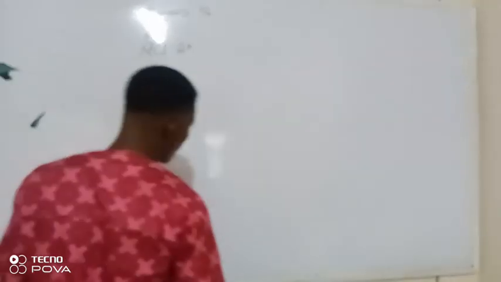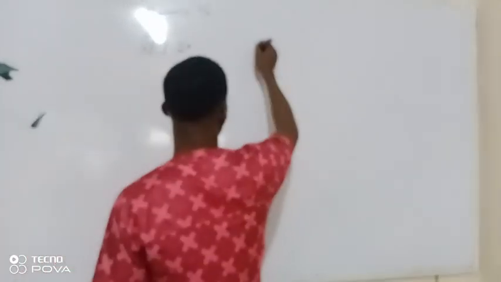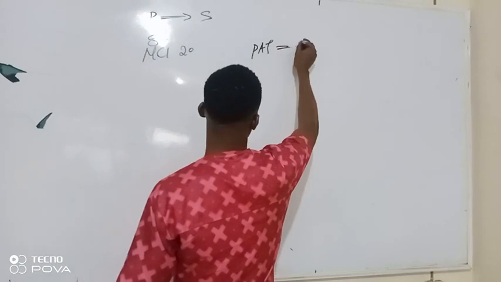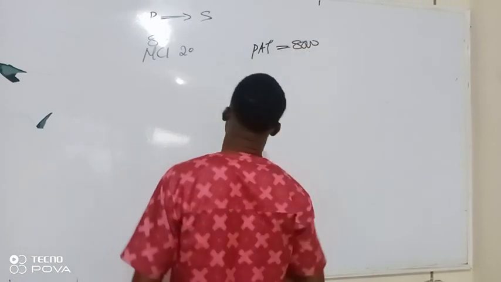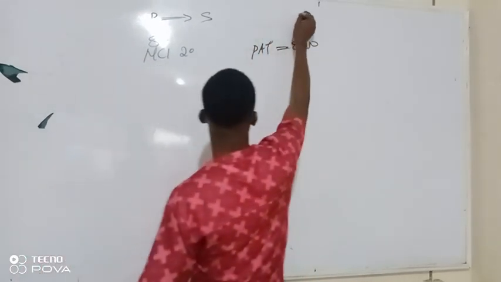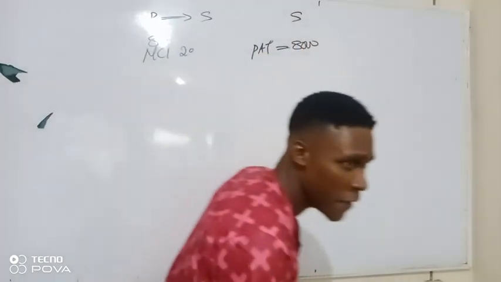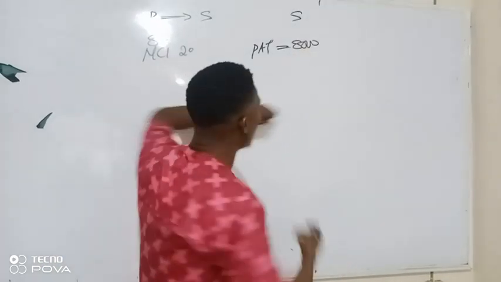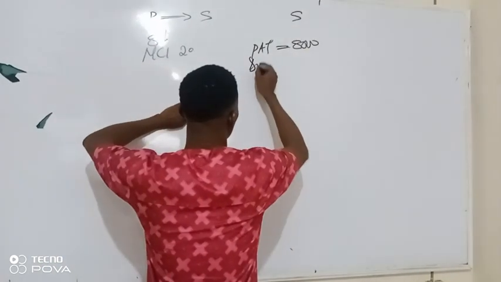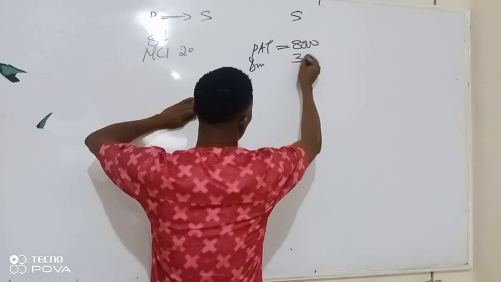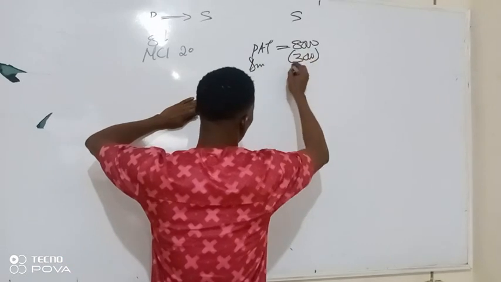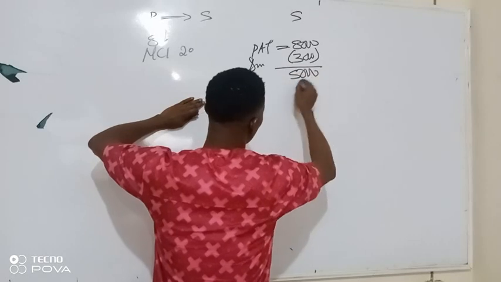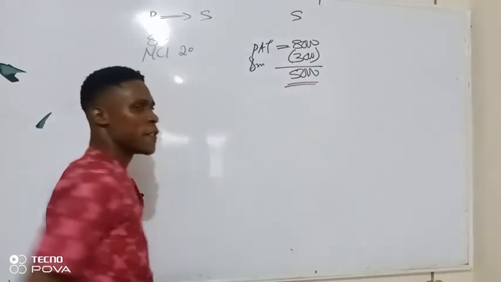Let's assume that the profit after tax for the year is 8,000, and the subsidiary now declares a dividend out of this profit, let's say 3,000. Automatically, out of that profit, 5,000 remains. This is the profit for the year after you have declared the dividend.